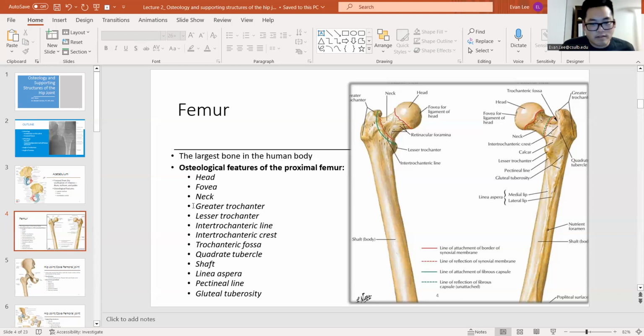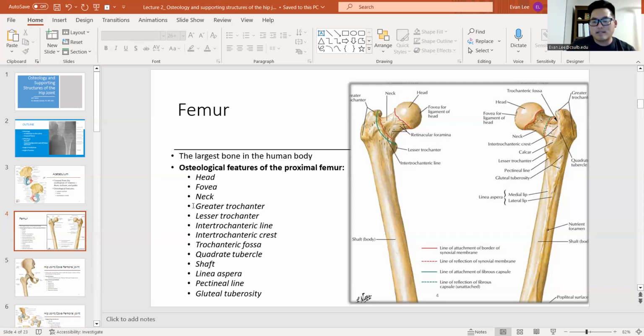I know it's quite a few little things, but a lot of it does make sense to some extent, and it is important to differentiate. Especially when you look at the intertrochanteric crest versus line, and the pectineal line versus gluteal tuberosity, they're similar, but you definitely want to orient yourself correctly.